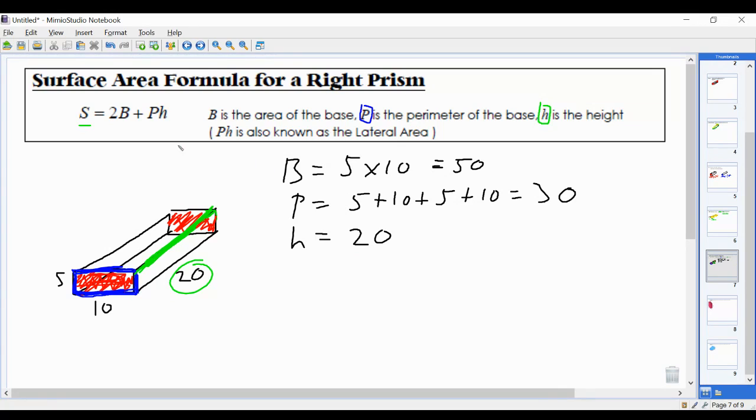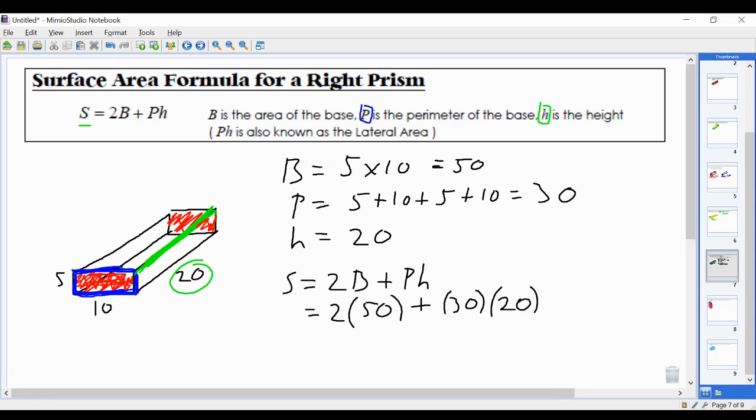Now we have all the pieces of our formula, and we're ready to plug them into our surface area formula. So surface area, S, is equal to 2 times B plus P times H. But we know that B is equal to 50, plus P is 30 times H, which is 20.